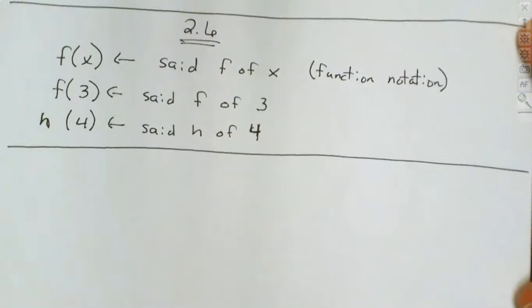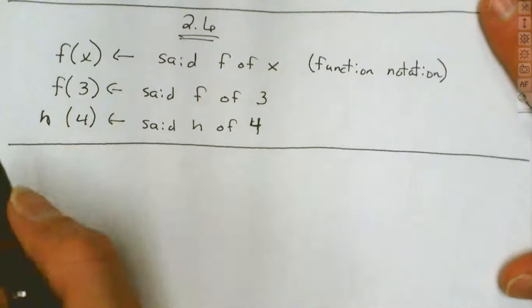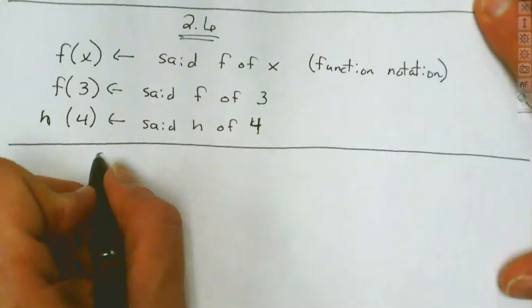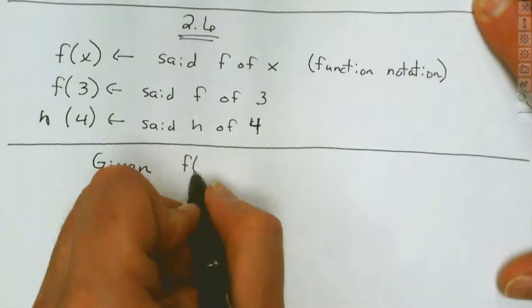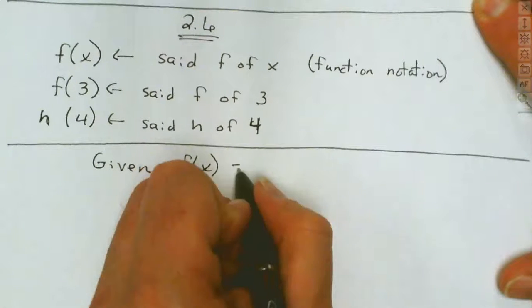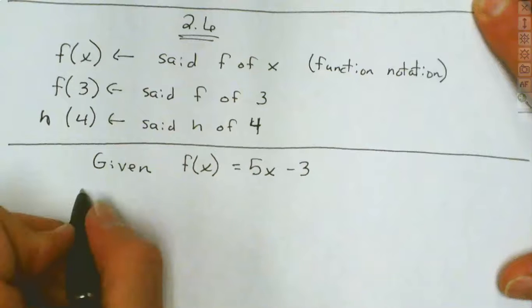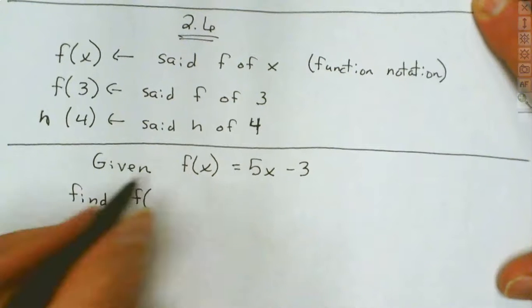We're going to go ahead now and plug in values into these functions. So I'm going to give you a function, and you're going to plug in the value that I give you. So let's say you're given f of x equals 5x minus 3, and I want you to find f of 4.